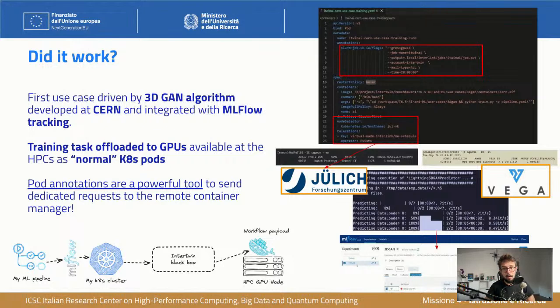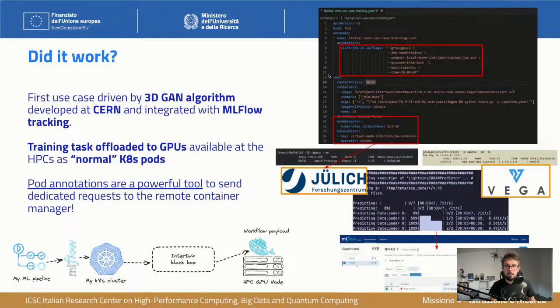The task was offloaded to Vega and Ulick with different kinds of configuration, of course. You can imagine that each HPC center has different options to submit their Slurm jobs.